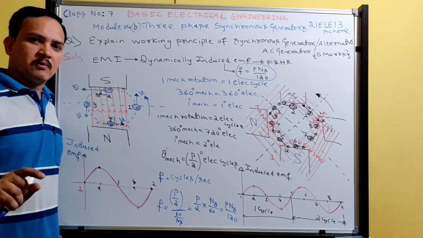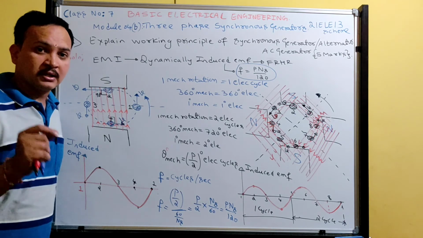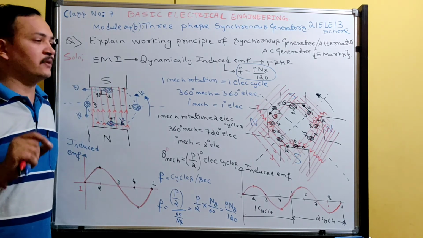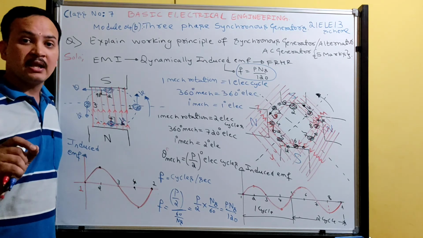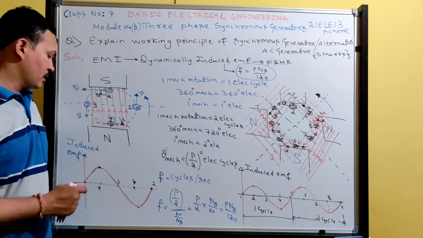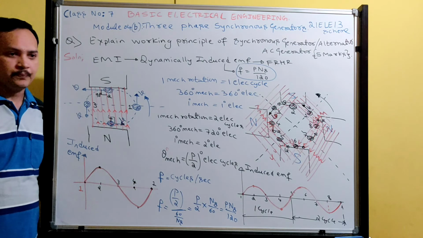Other voltage ranges are also available: 3.3 kV, 6.6 kV, 22 kV, 33 kV. But in a normal case, the majority of alternators generate 11 kV supply. That is the RMS value.